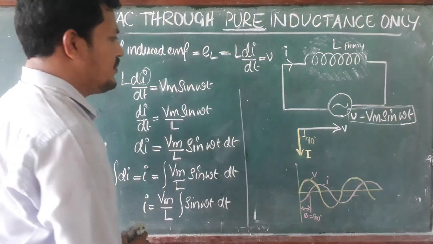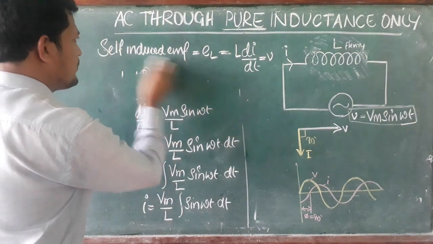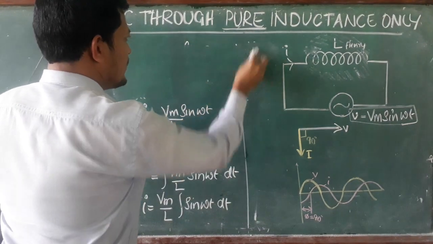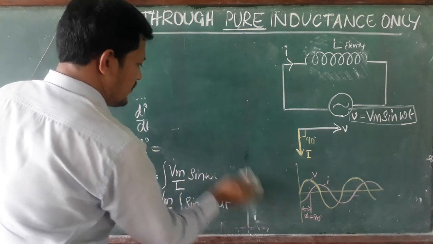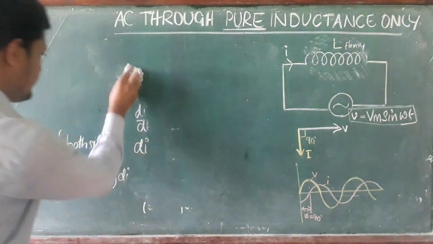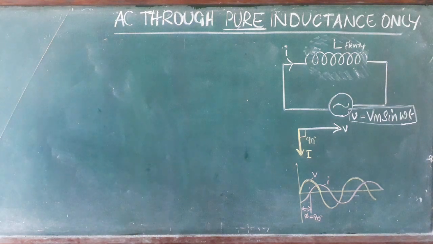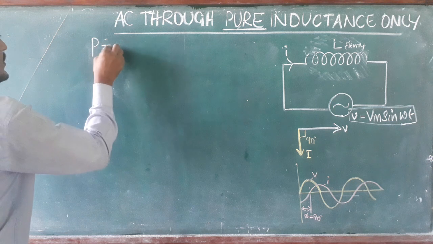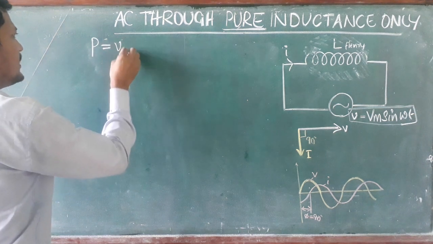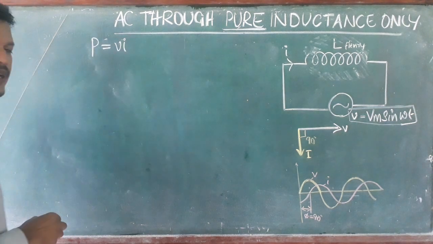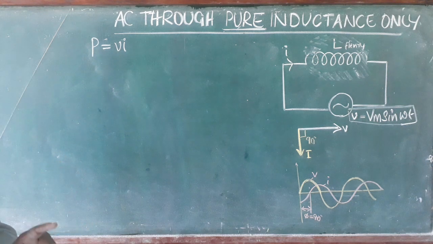Clear? So now we are going to find the power of the pure inductor circuit. So I am writing here the power. We know that power P equals the instantaneous value of voltage into the instantaneous value of current. Voltage into current is the power.